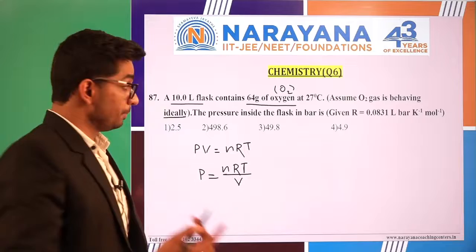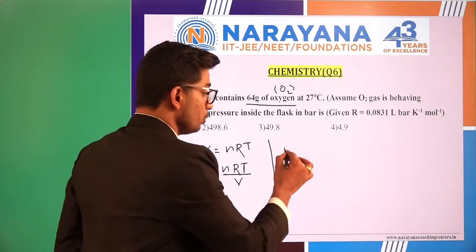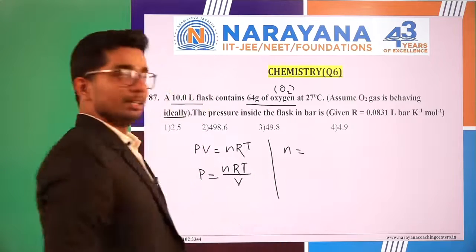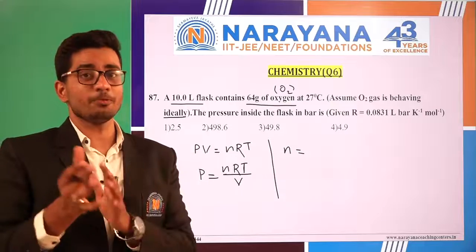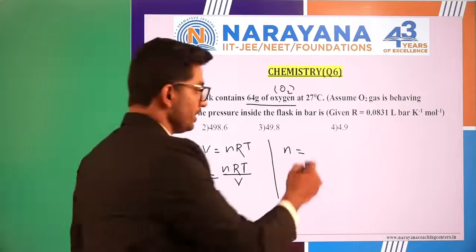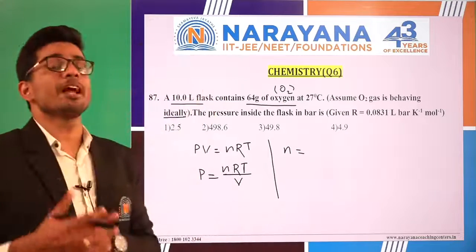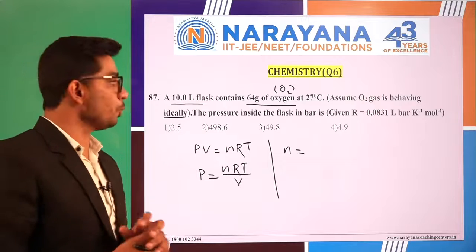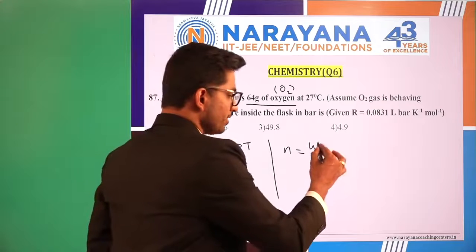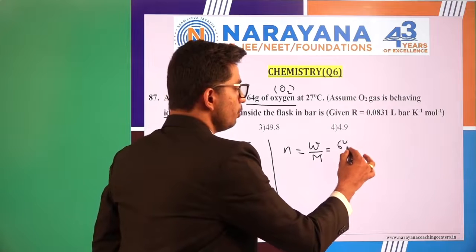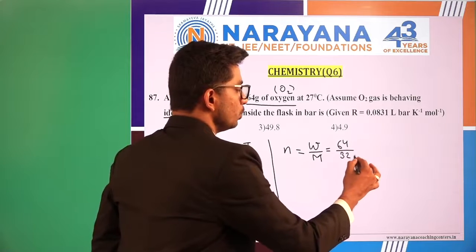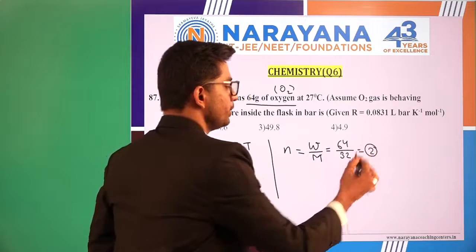Let's calculate the number of moles of oxygen. We know the mass is given and we know the molar mass of oxygen, it is 32 gram per mole for O2. So n is given mass by molar mass, which is 64 upon 32, and that comes out to be 2.